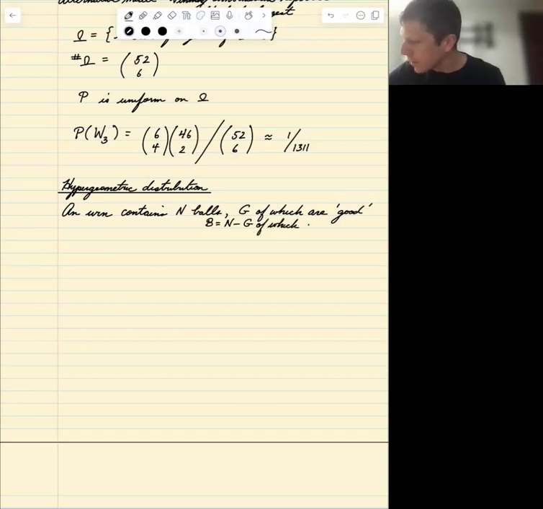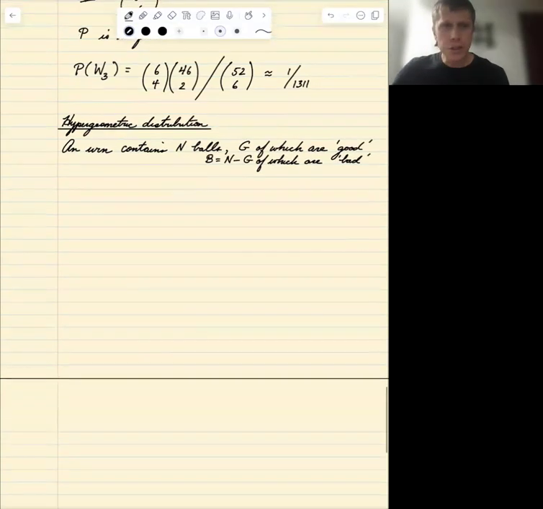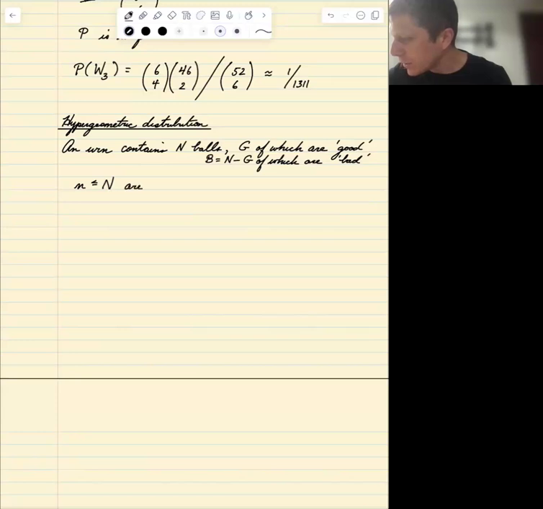So good balls and bad balls. We're going to choose little n, less than big N. Balls are chosen at random without replacement.